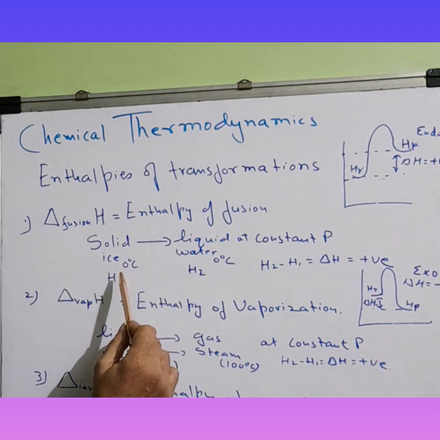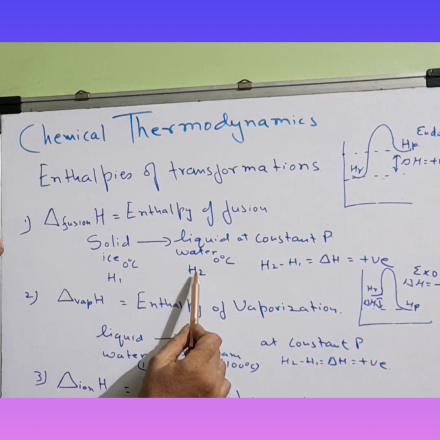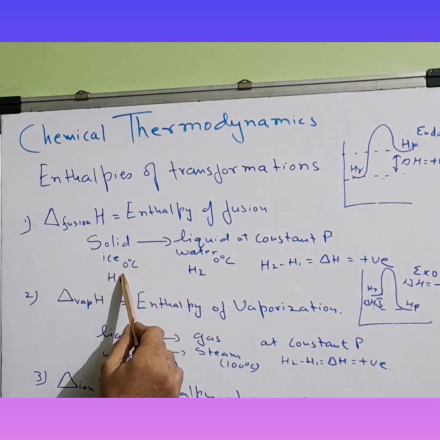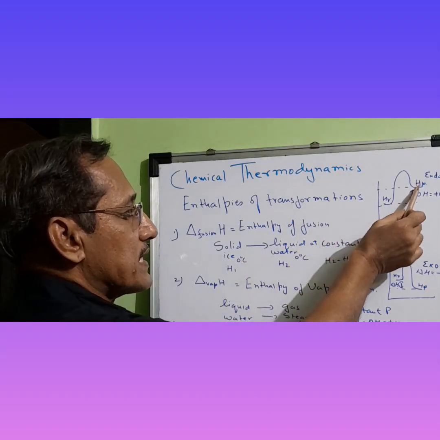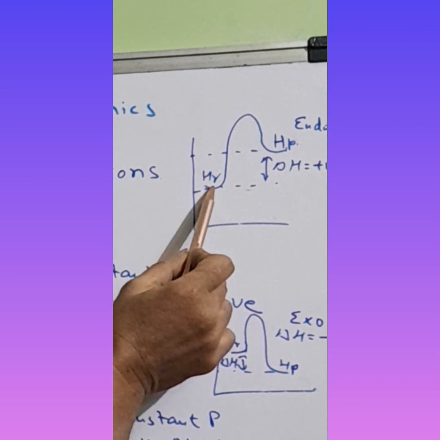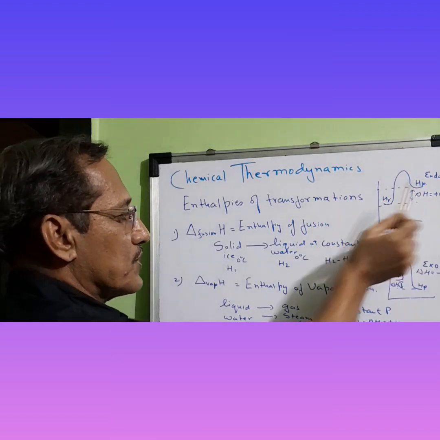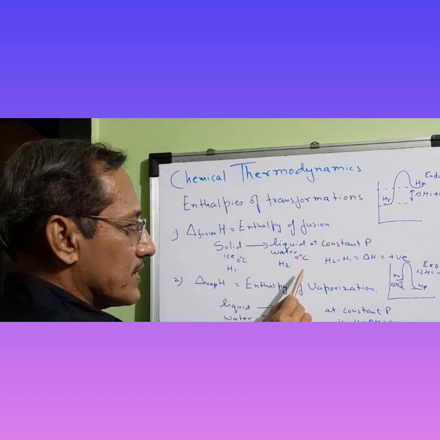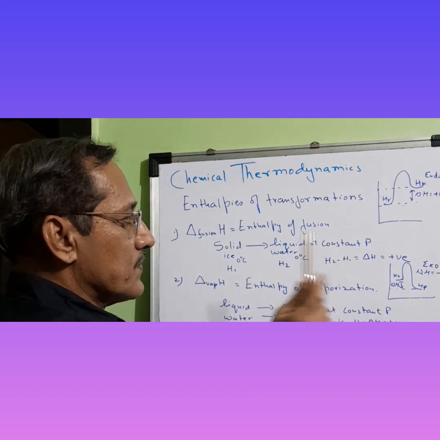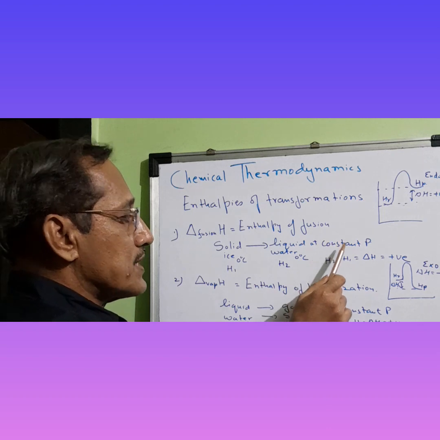This is enthalpy of reactant, this is enthalpy of product. Now H2 minus H1, water is at higher energy and ice is at lower energy, so HP minus HR is positive, so we have got to provide heat for that, so del H is positive over here, and this has to happen at constant pressure.